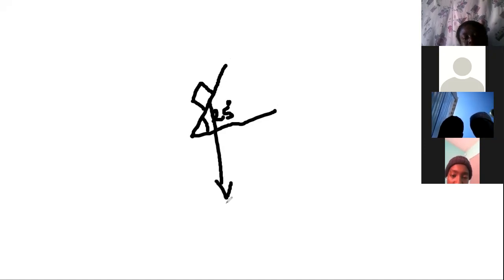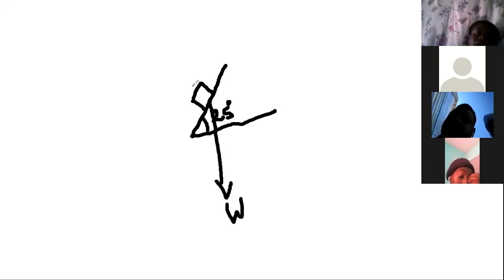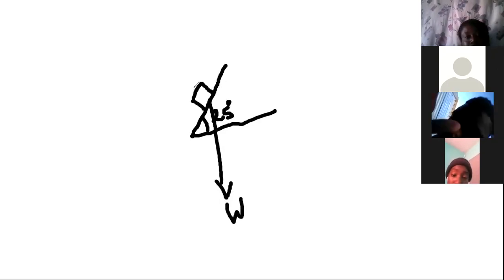So if this is your surface and you place your block, and it makes an angle with the horizontal equal to 25 degrees, the object will exert a weight. This one is always a must. There is a weight, the force due to gravitational acceleration, and we have a perpendicular force, which is the normal force.